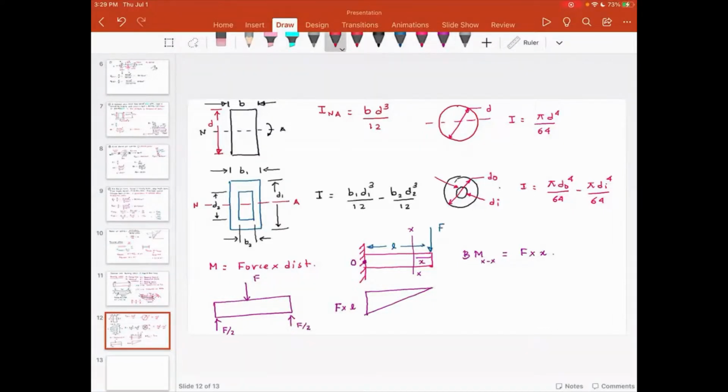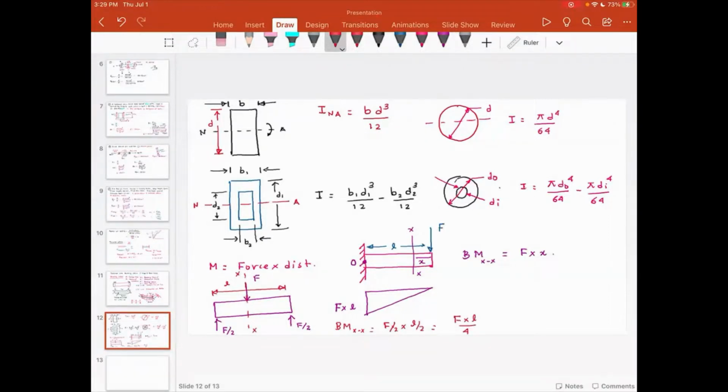If you want to find the bending moment at the center span cross section, the bending moment at section XX is F by 2 multiplied by the distance. If this distance is L, the center is at L by 2, so it becomes F times L divided by 4.